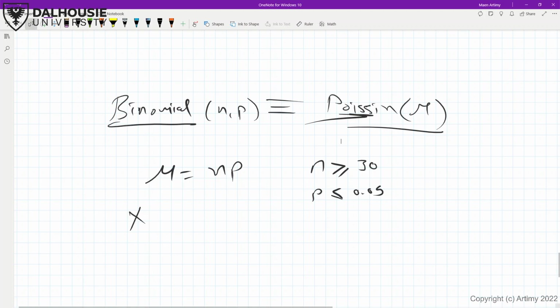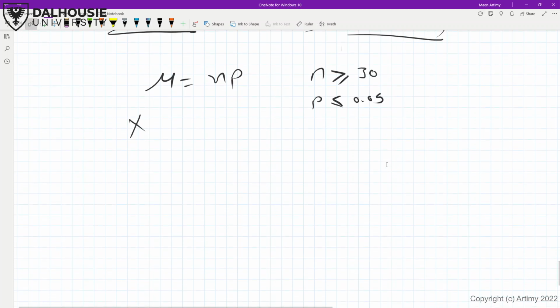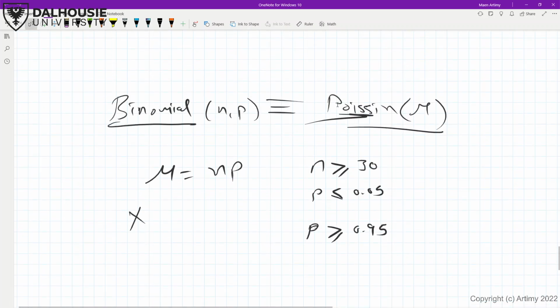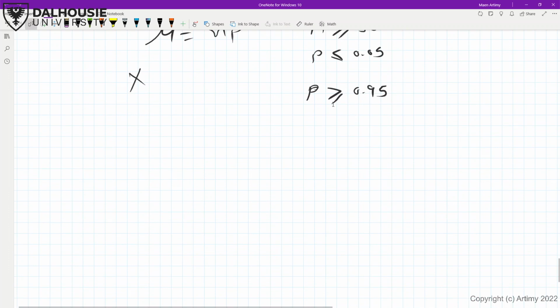All right, so what happens if p is actually very large, not very small? If p is closer to or greater than or equal to 0.95, I can still use Poisson, but I have to flip my success.